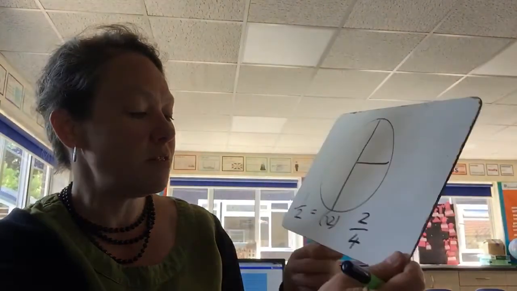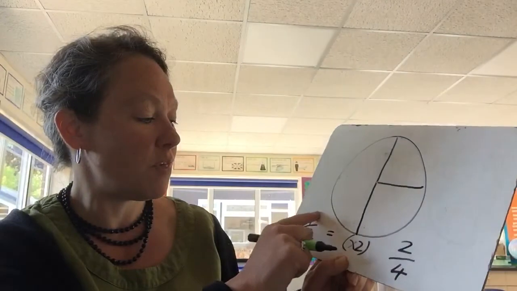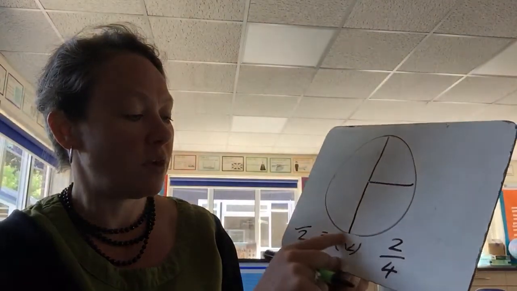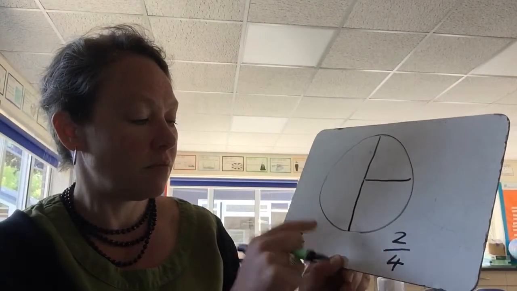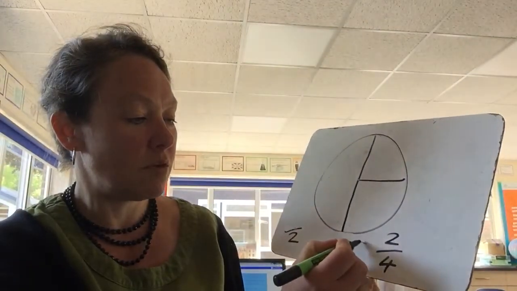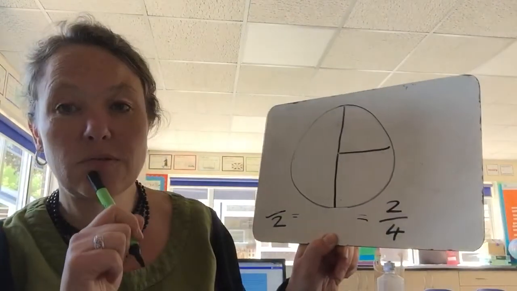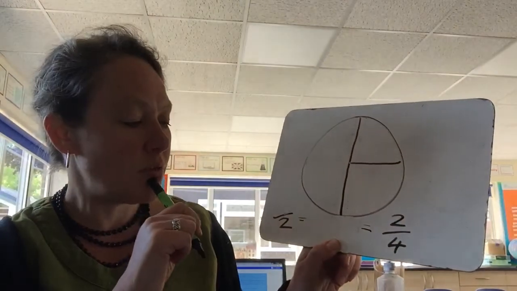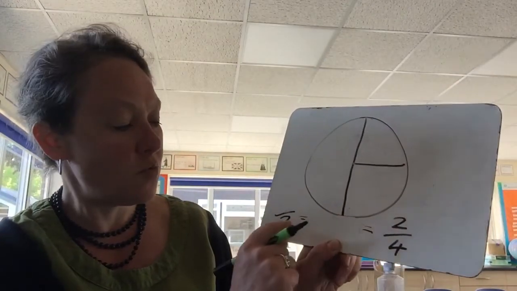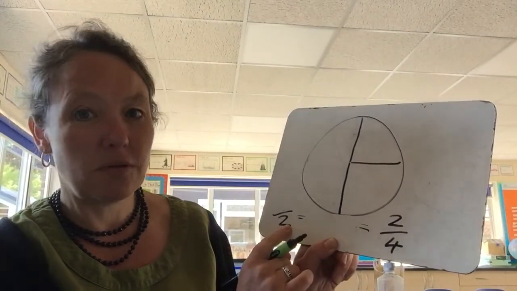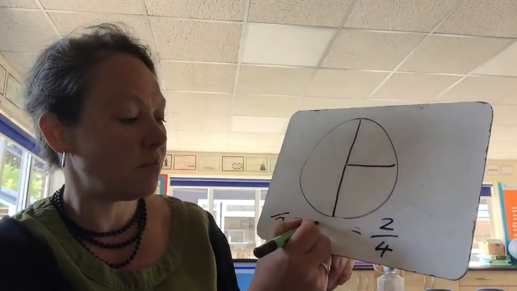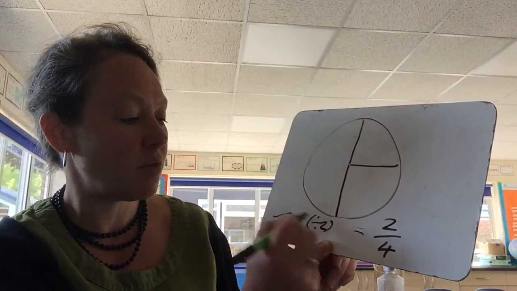Now if we didn't know what that number there was, we could, well, I suppose we can still put the equal sign there. We do the same thing, but we do the other way round. So we say, what have I done to 4 to get 2? Okay, so I've divided it by 2 this time, haven't I? Because I'm going the other way.